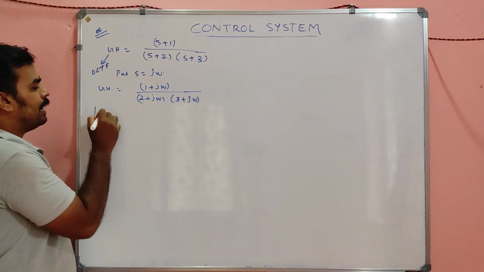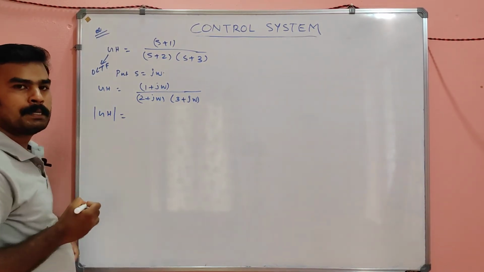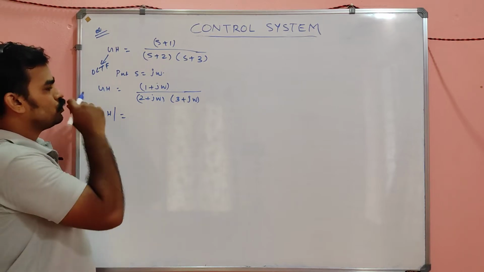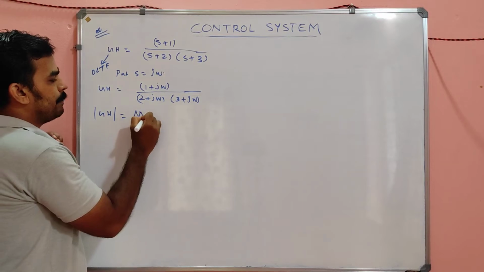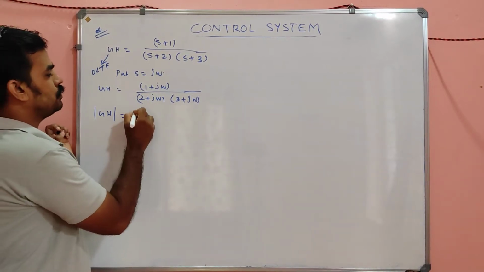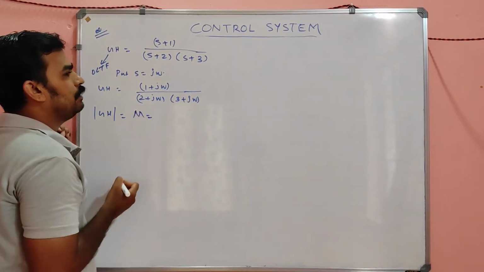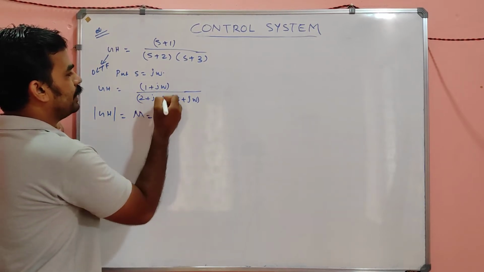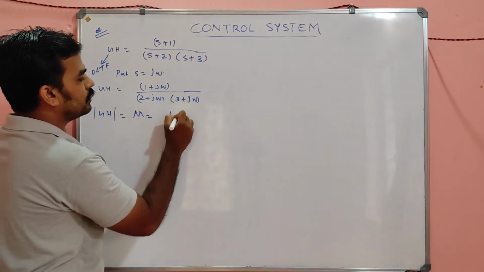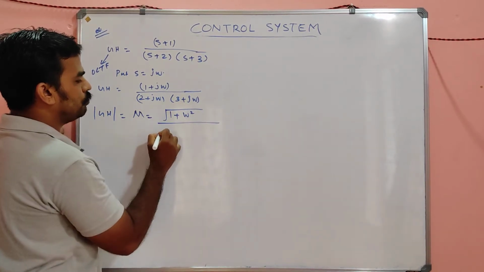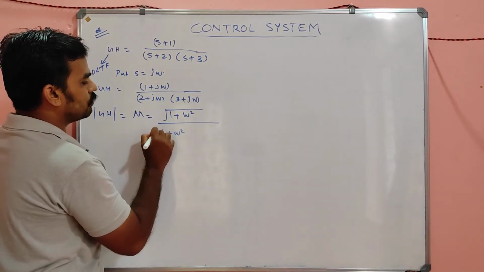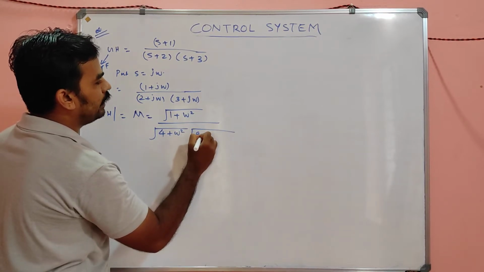And what is the magnitude of GH, my dear? The magnitude of GH I can represent by M, which is nothing but, my dear, magnitude of numerator, root of 1 plus omega square, divided by magnitude of denominator, root of 4 plus omega square, root of 9 plus omega square.